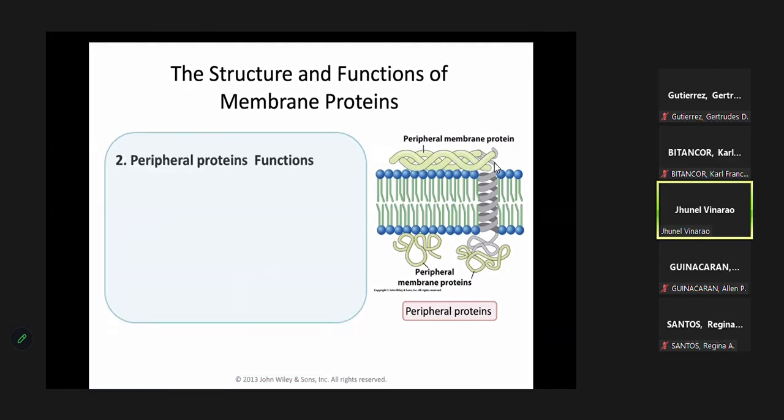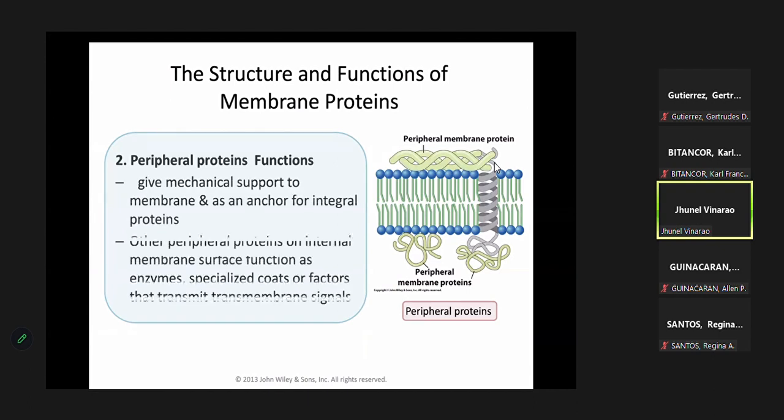So the type of bonding is non-covalent. They serve as mechanical support and can also act as an enzyme. Some proteins embedded in the membrane can act as a catalyst.